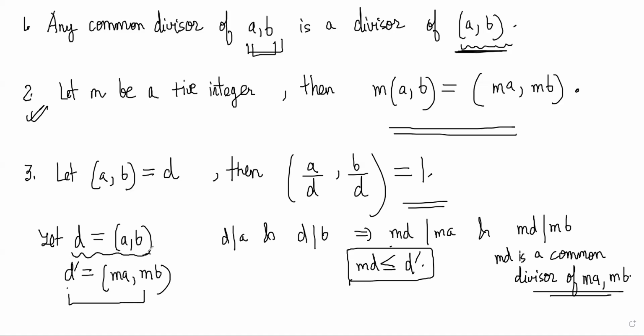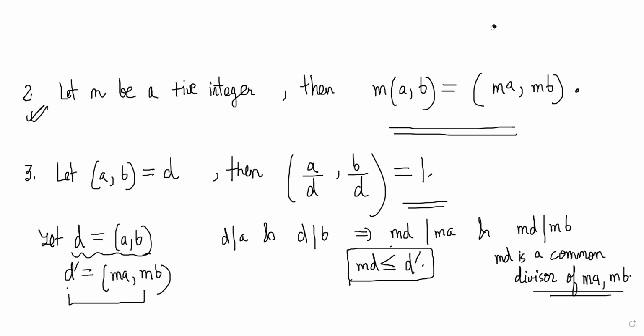From the first relation here, there must be integers X and Y such that AX plus BY is equal to D. Now if you multiply both sides by M, MAX plus MBY should be equal to MD.